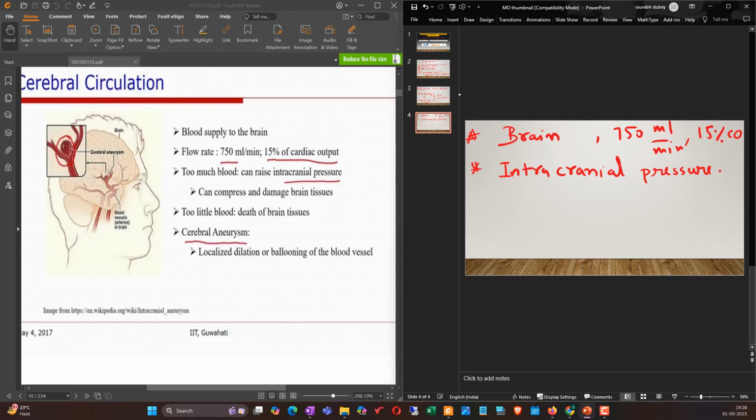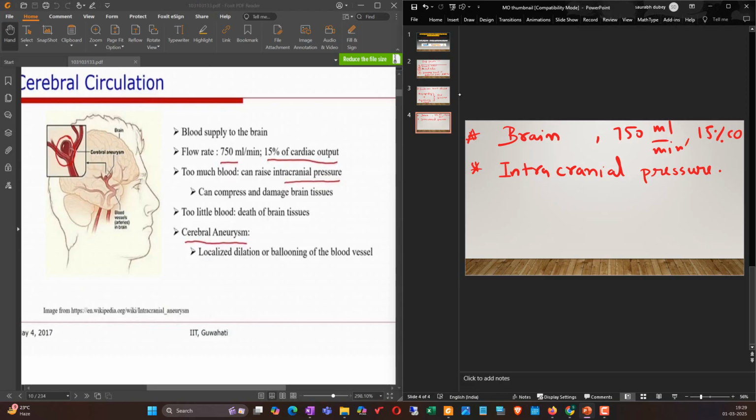if the blood is very less there in the brain, because of any reason, if flow of the blood in the brain is restricted, then the cells which are actually making up the tissue of the brain, and subsequently the brain as an organ, will not be nourished properly and will not be healthy.